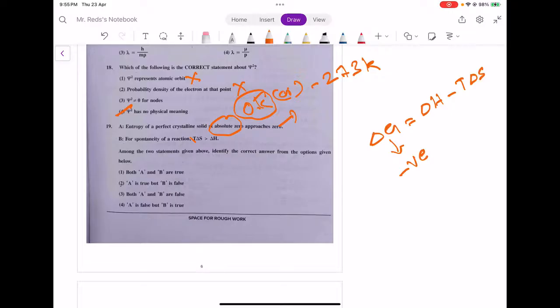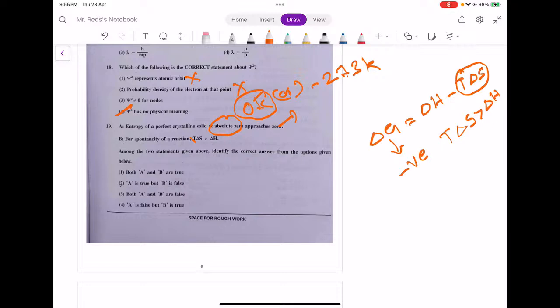So for getting a negative value, T delta S, temperature times change in entropy, should be greater than the change in enthalpy, delta H. Only then will delta G be negative.